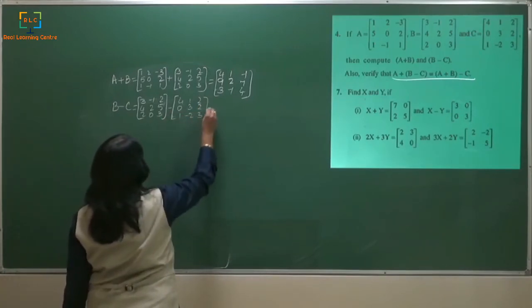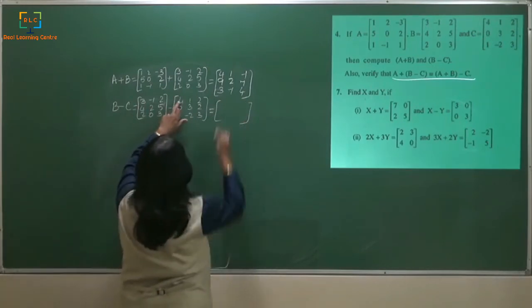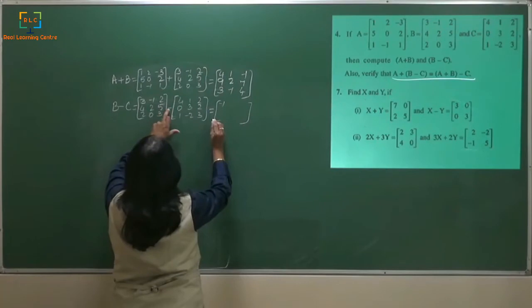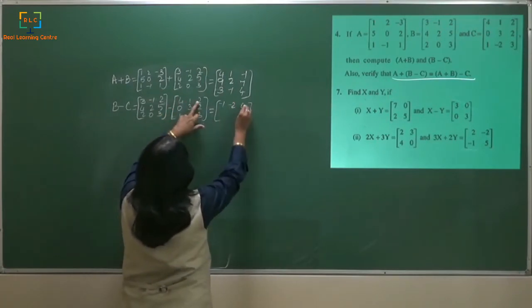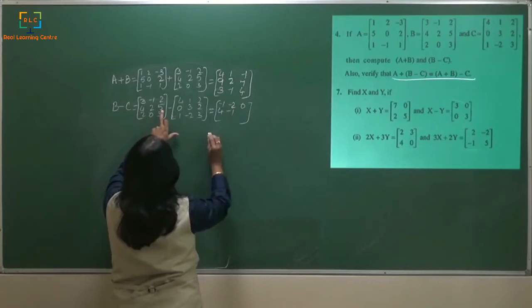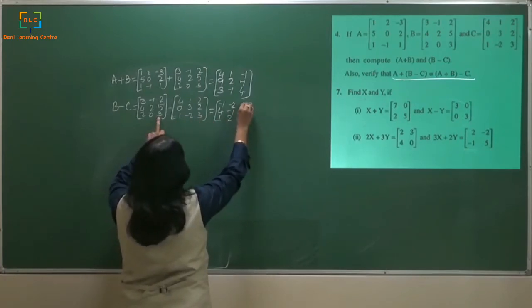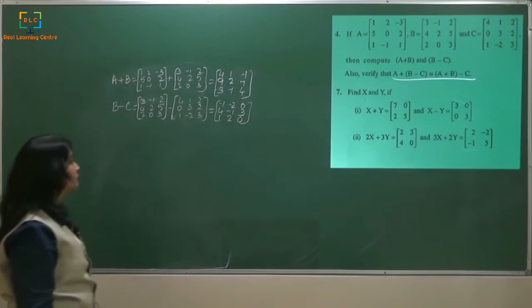I am subtracting B minus C. 3 minus 4 is minus 1, minus 1 minus 1 is minus 2, 2 minus 2 is 0, 4 minus 0 is 4, 2 minus 3 is minus 1, 5 minus 2 is 3, 2 minus 1 is 1, 0 plus 2 is 2, and 3 minus 3 is 0. Okay, I have got my A plus B and B minus C.